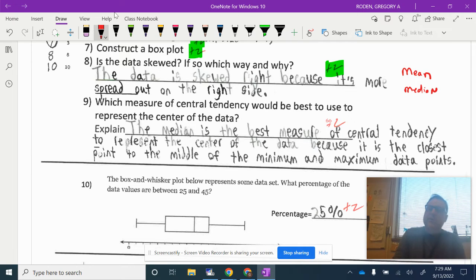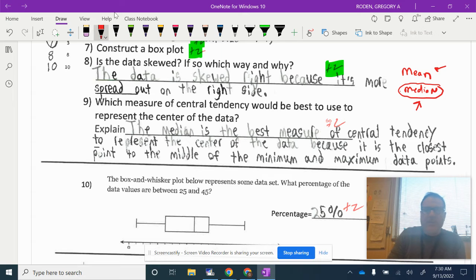The mean is always our go-to choice if the data is normal. If it's skewed data, then we want to use our median. Let me say that again. If the data is normal, then we want to use the mean. If it's skewed, we want to use the median. That's why the median is nice.